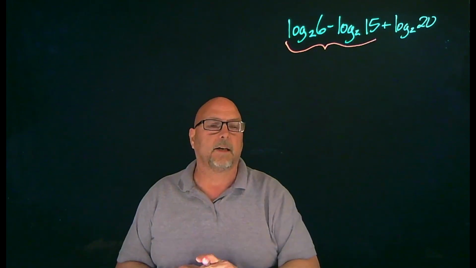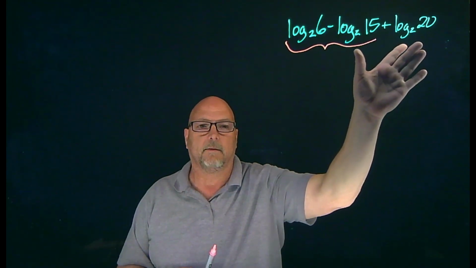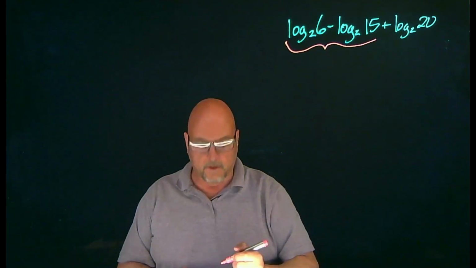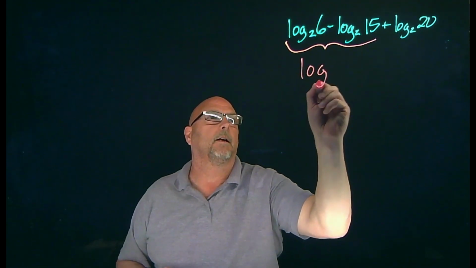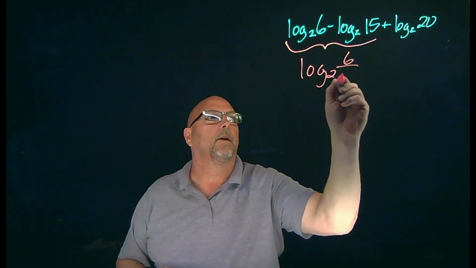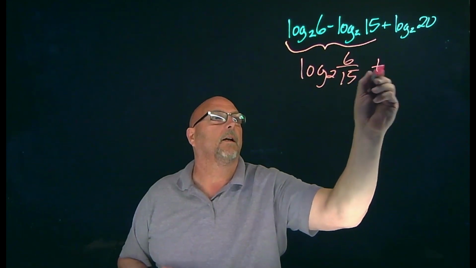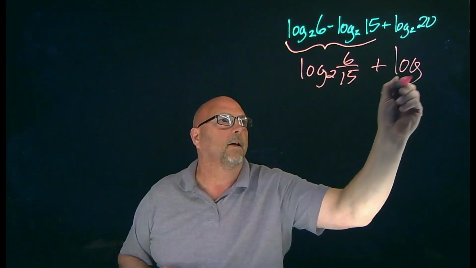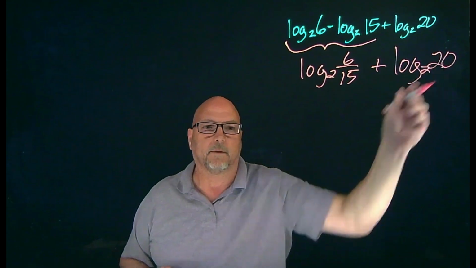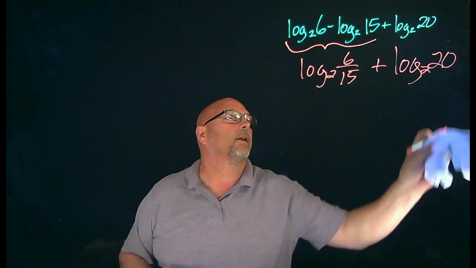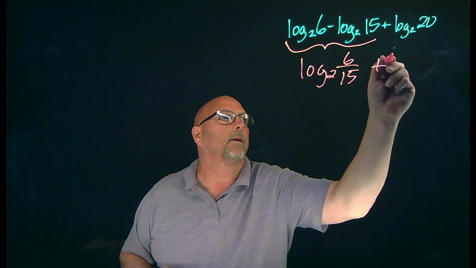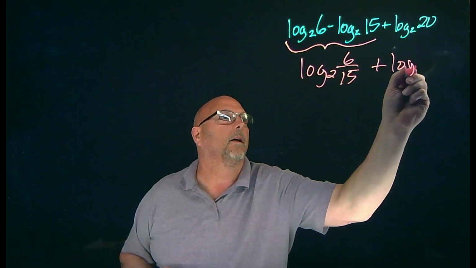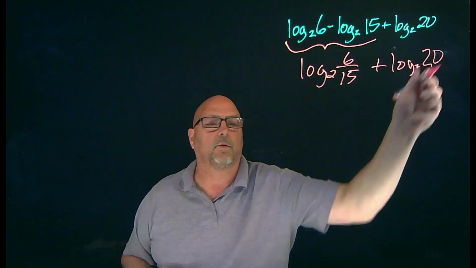There'd be a common tendency for students to want to add these two together first, but the first thing that you want to do is say the log base 2 of 6 over 15 plus the log base 2 of 20. I'm not sure that's going to fit on my screen, so let me make it a little bit smaller. Log base 2 of 20.